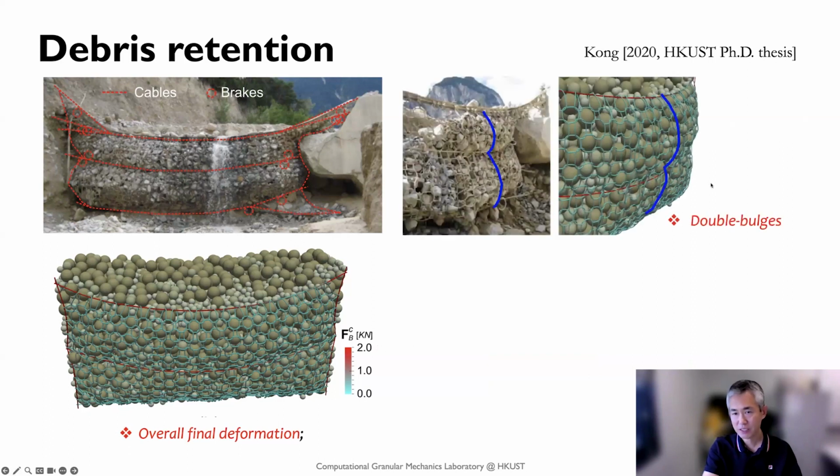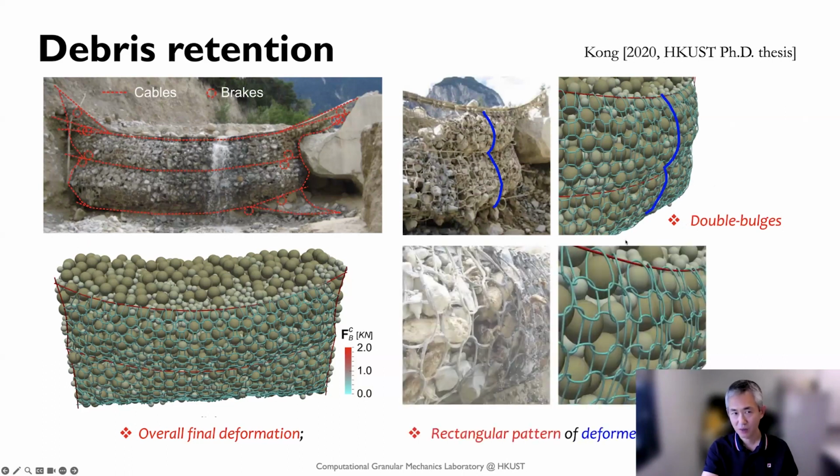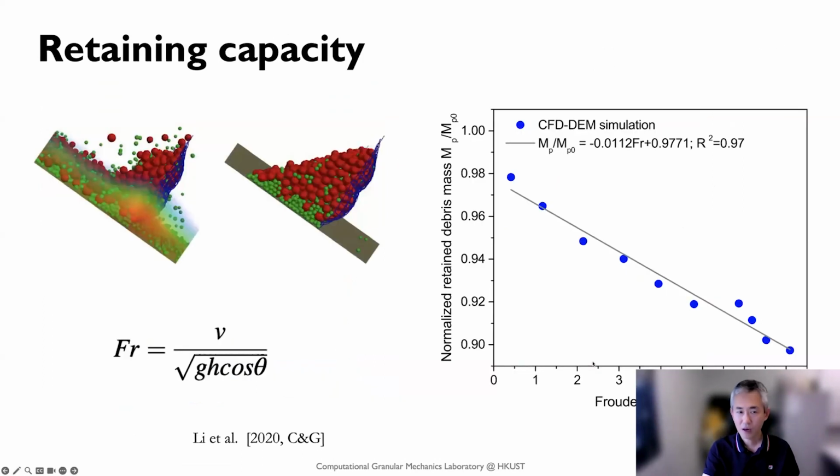Also, the effect of these cables really helps to form the so-called double bulge shapes for this retaining mechanism here, right?